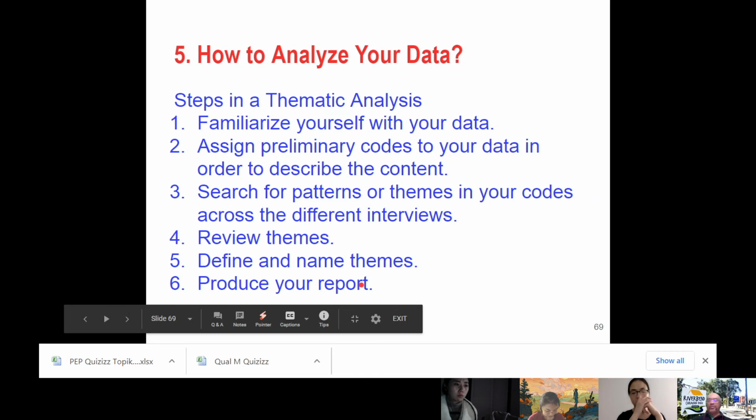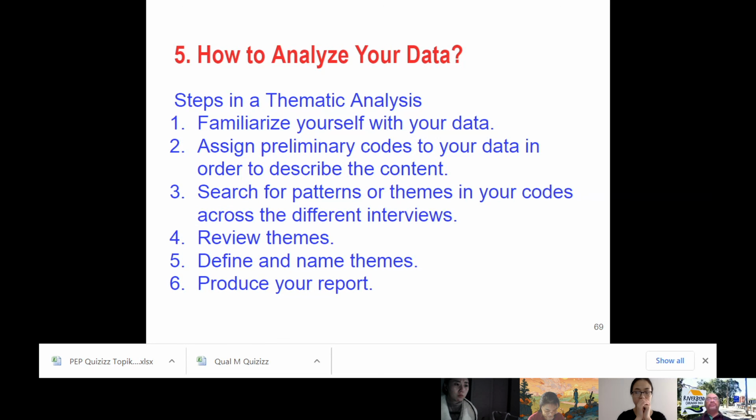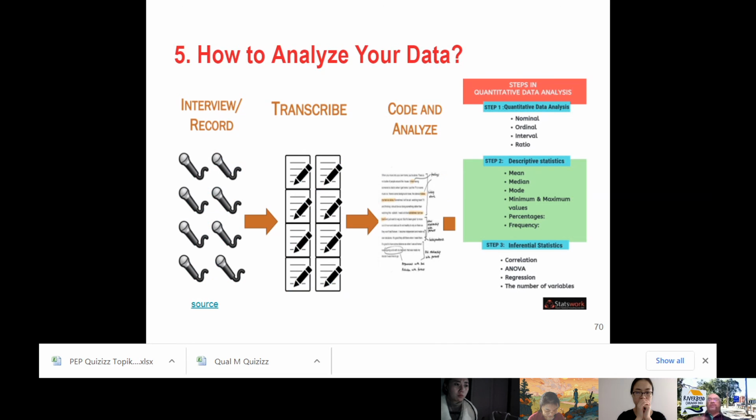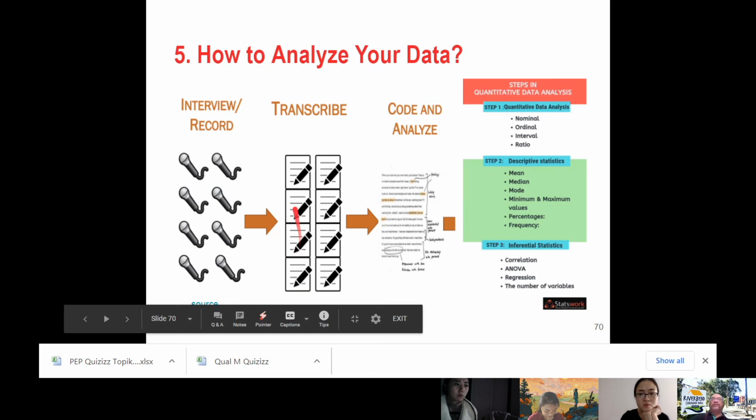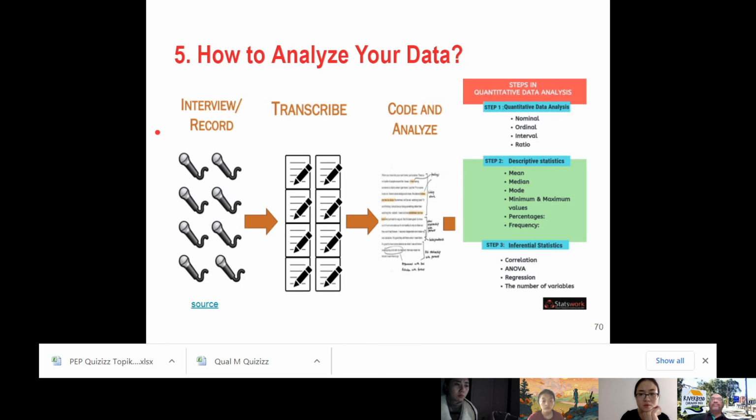So let's go one by one. In order to show this, I have some pictures. These are the steps. You have interviewed a person, for example. When you interview them, you tape them, you record the conversation, using a special recorder, micro cassette, and so on.